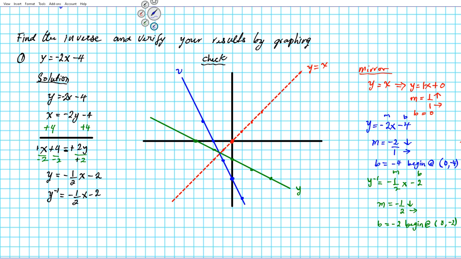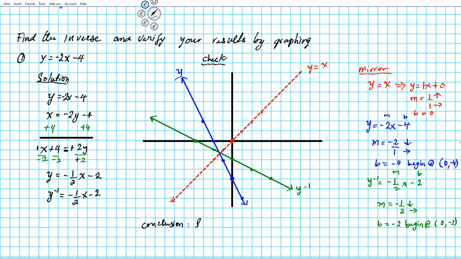So y and y inverse should be mirror images of each other along the reflection line. Okay, so along that reflection line, these two lines should be mirror images of one another. And that's the case here. Since they're mirror images of each other along the line y equals x, our result is correct. Okay, so let's write a concluding remark, conclusion.